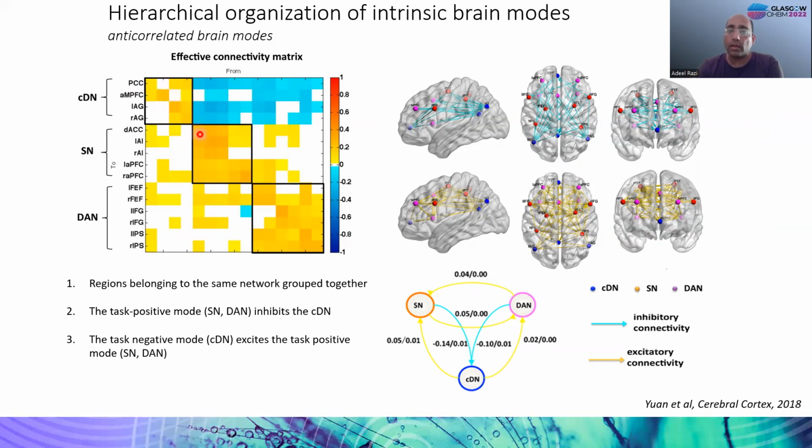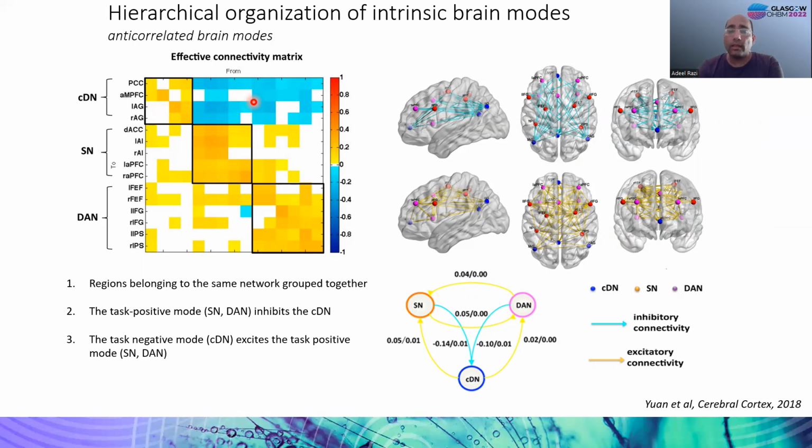What we show is that all the regions that belong to the same brain network had very strong connectivity within that network. And then what we showed is that the task-positive networks, for example the salience and the dorsal attention network, inhibited the default mode network.